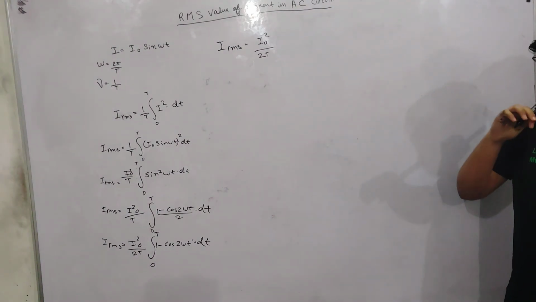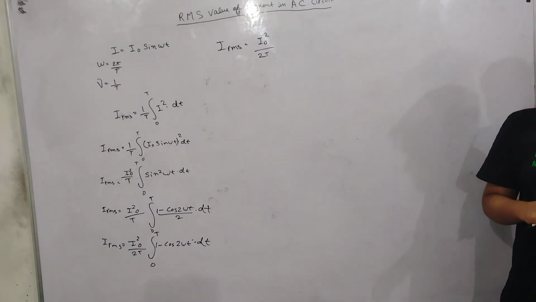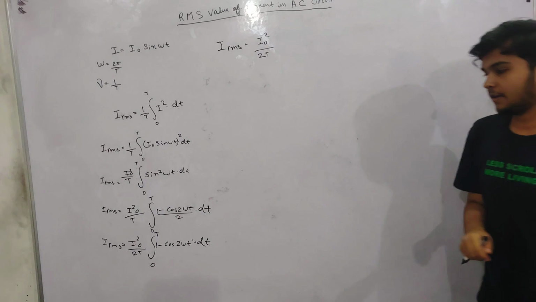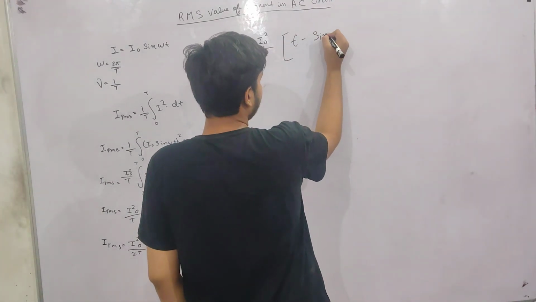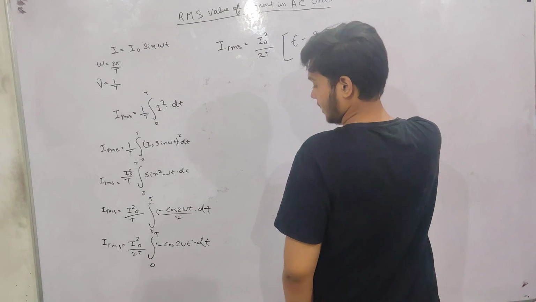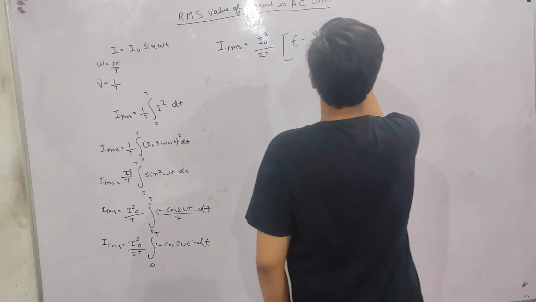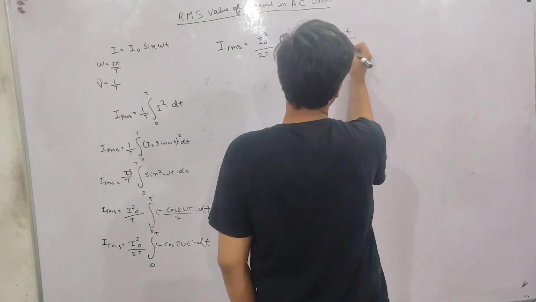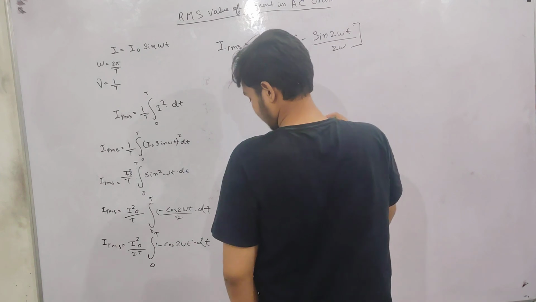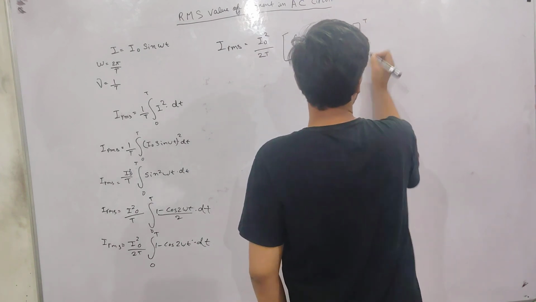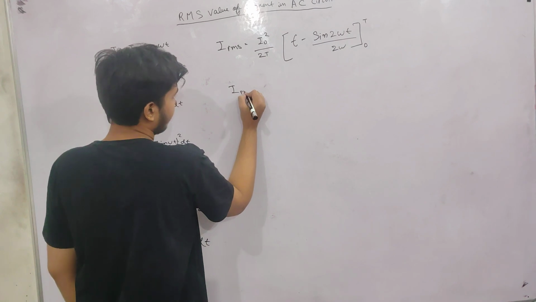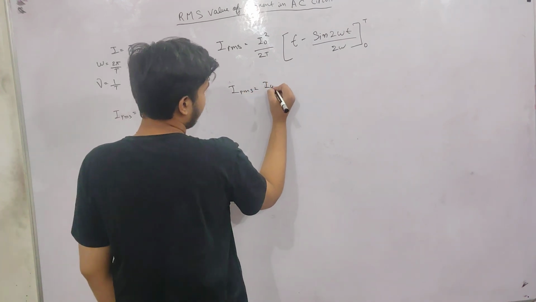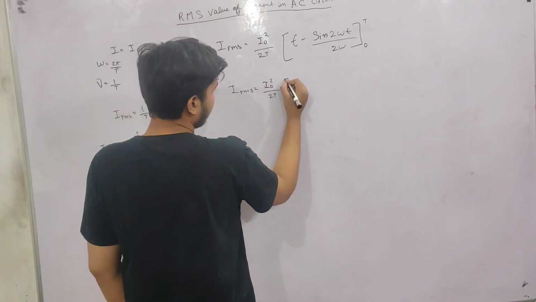The integration of 1 is t, minus sin 2 omega t upon 2 omega, lower limit 0, upper limit T. I RMS equals I naught whole square by 2T.